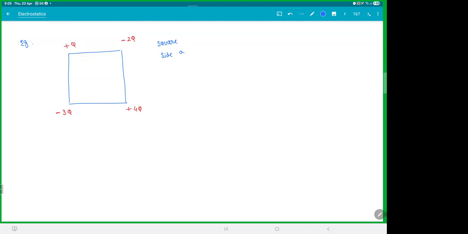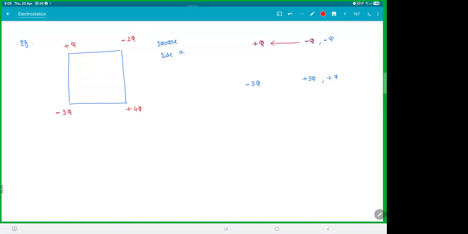Okay, let's see. What I can do is write this as plus Q, minus Q, minus Q, this is minus 3Q, plus 3Q, and plus Q. I will treat these two as one, so plus Q and plus Q. I'll just put some colors.